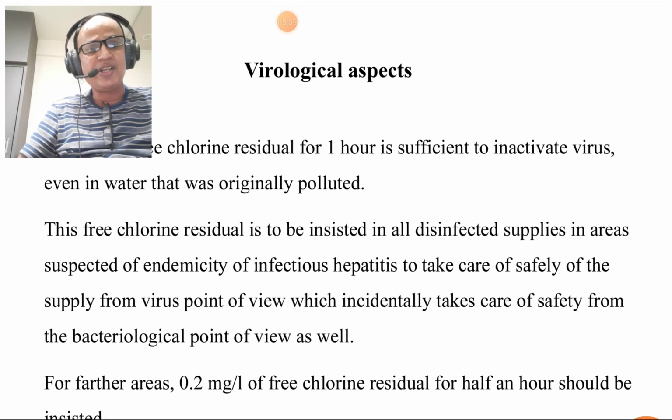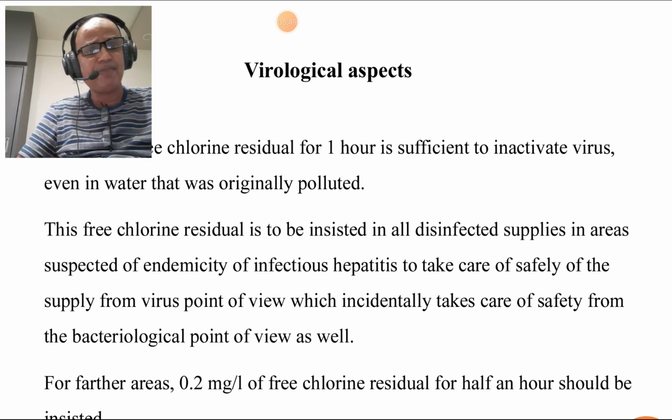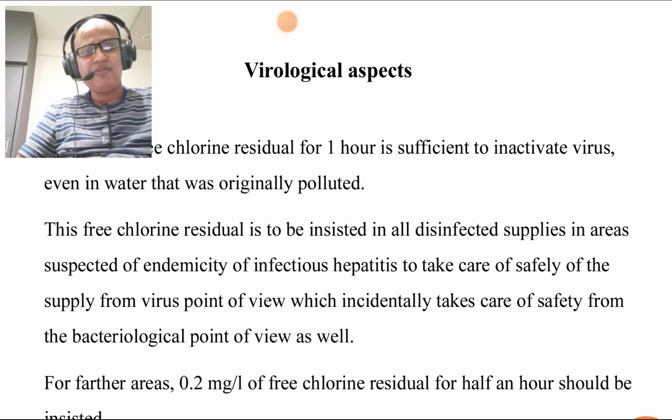This free chlorine residual is to be insisted on in all disinfected supplies in areas suspected of endemicity of infectious hepatitis, to take care of the safety of the supply from the virus point of view, which incidentally takes care of safety from the bacteriological point of view as well.